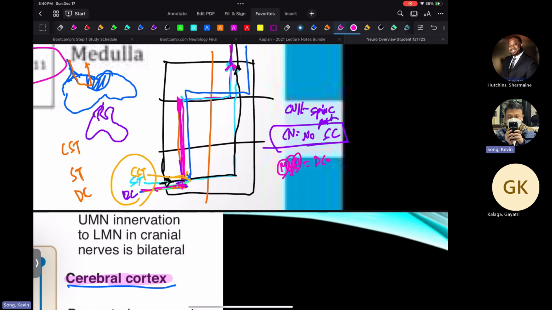This is the dorsal column medial lemniscus. I use the same terminology MVP, and I use pain and temperature for the spinothalamic tract. If I had a lesion in the right side, do I have an impact on the MVP on the right side? That's my question. What do you think?